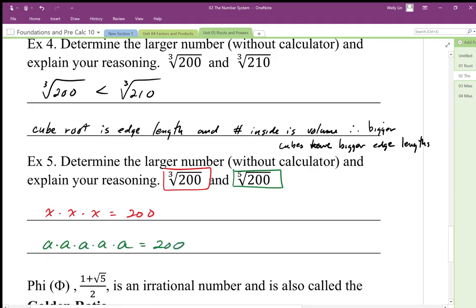Now we know that x and a are numbers bigger than 1, so they are going to get bigger as we multiply. If we multiply by a 5 times and only get to 200, and we multiply by x 3 times and already we're at 200, we must be able to determine that the number x must be greater than the number a.